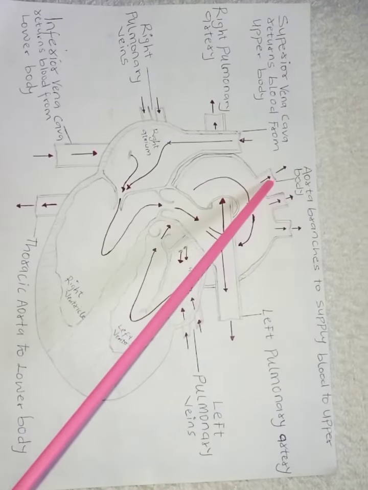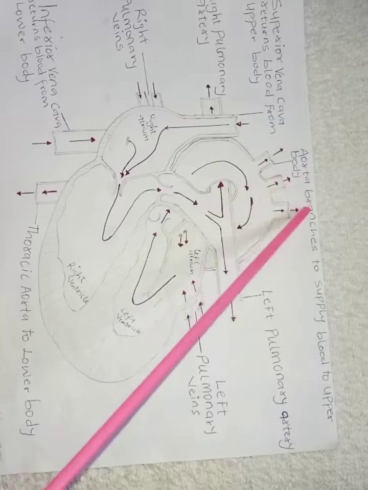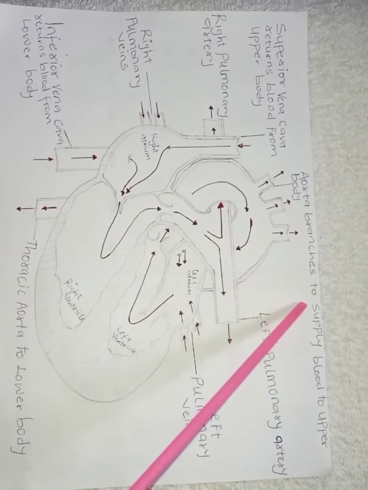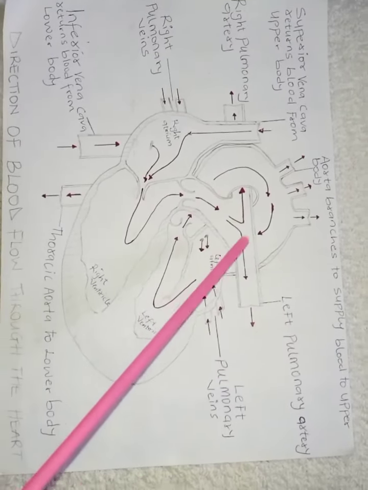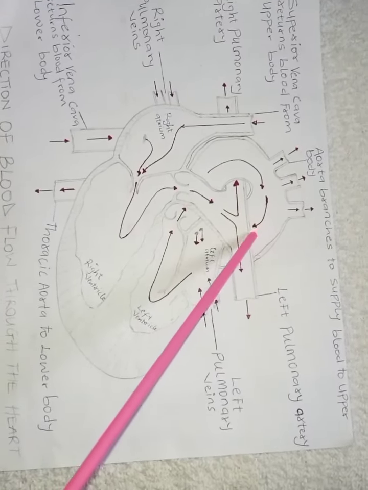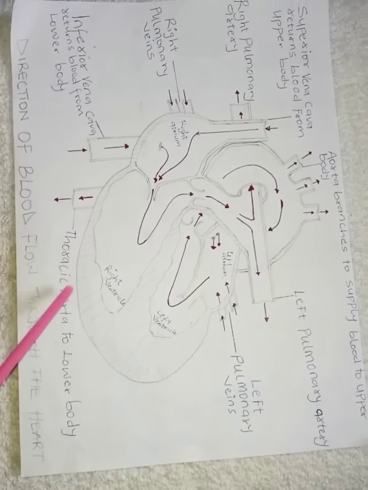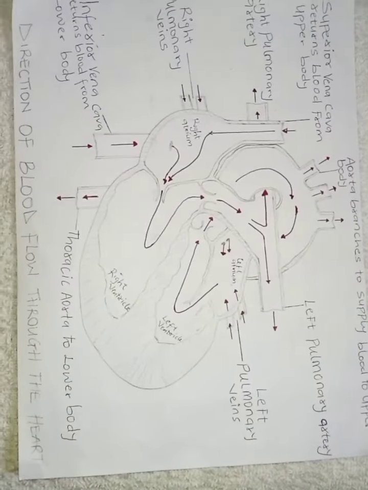So through these three branches of the aorta, blood is being supplied to the upper part of the body, while it goes this way, and from the thoracic aorta to the lower part of the body. That is the direction of blood flow through the heart.